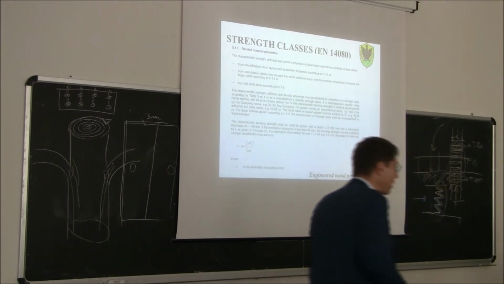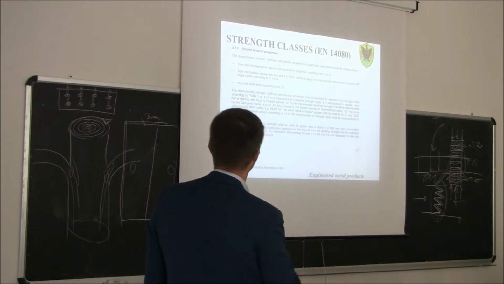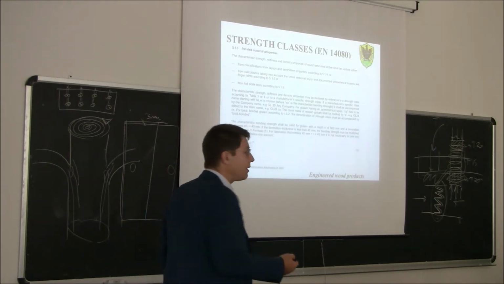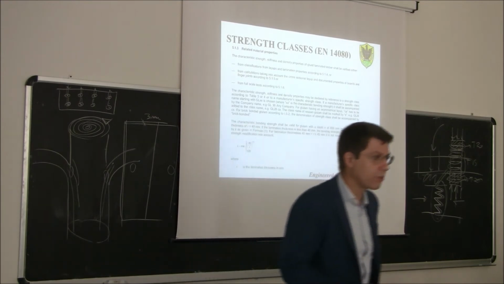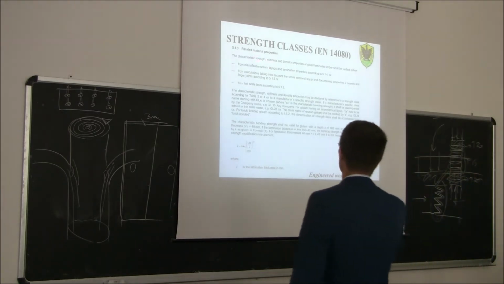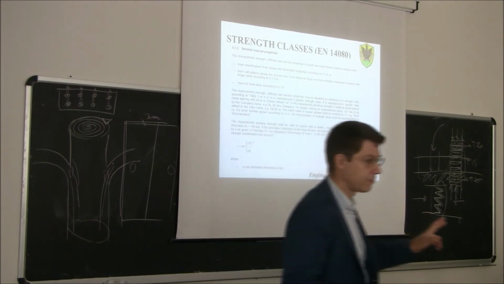Now, talking about strength classes of glue-lam, there is this regulation EN 14080. Now, in design, we need some properties. When we design a glue-lam member, we need to know some of the properties of the glue-lam. So what does this regulation tell us? The characteristic strength, stiffness, and density property of glue-lam timber shall be verified either... so there are 3 options.